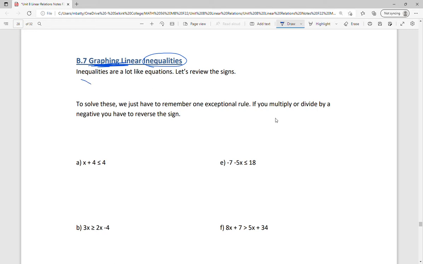So this would be 3 is greater than 2, or greater than or equal to, or less than or equal to. So this would be greater than, and these would be less than.